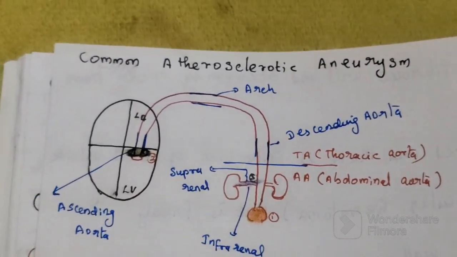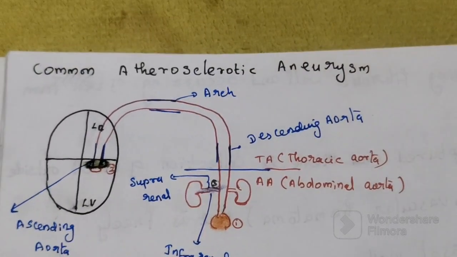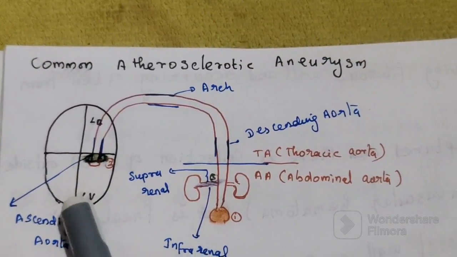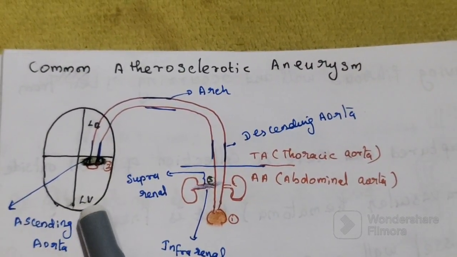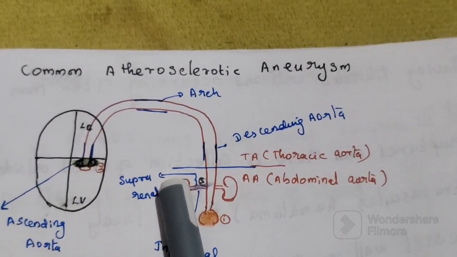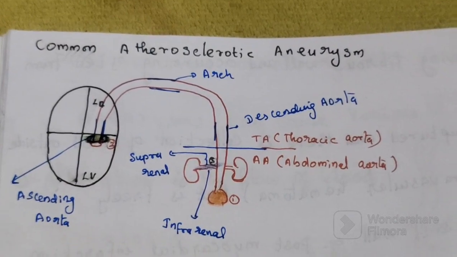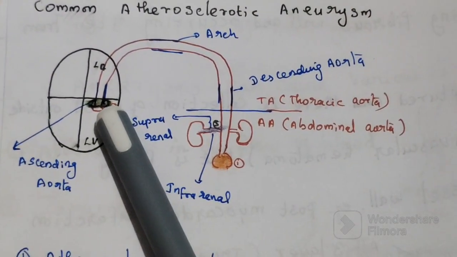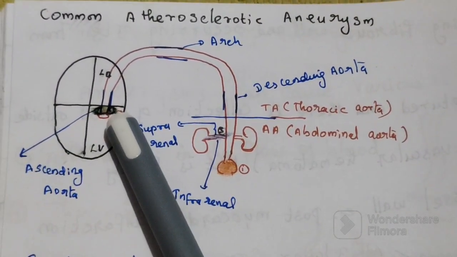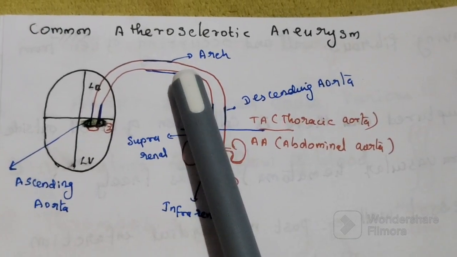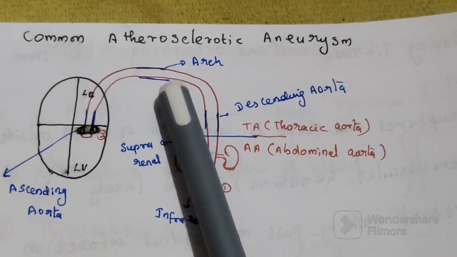Suppose this is the heart, it having 4 chambers. From the left ventricle the aorta arises and comes out. This portion is ascending aorta. This portion is arch of aorta.